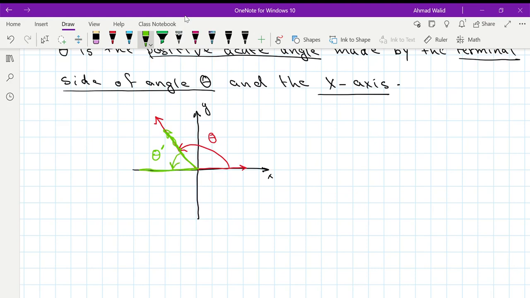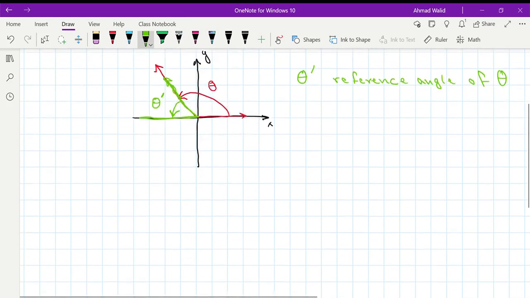Your theta prime is positive. We call theta prime the reference angle of theta. Theta prime is the reference angle for theta.